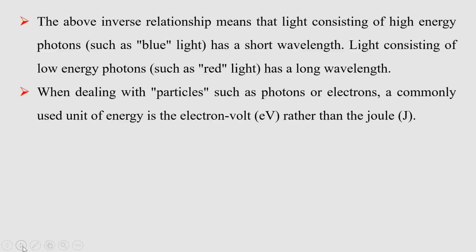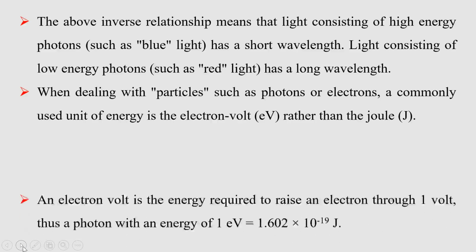First one, electron volt, or otherwise joule. When we are dealing with particles such as photons or electrons, we commonly use electron volt as the energy unit, and in other conditions the energy unit is joule.